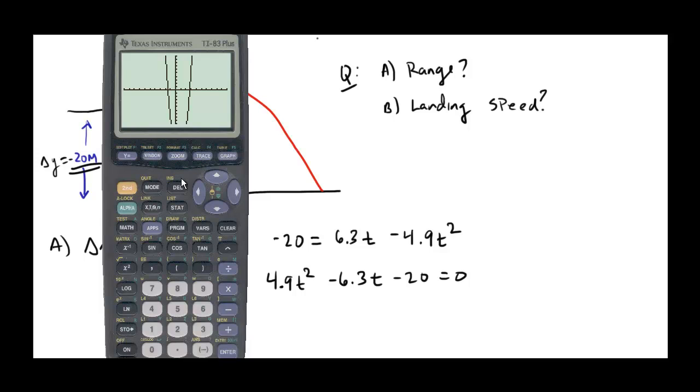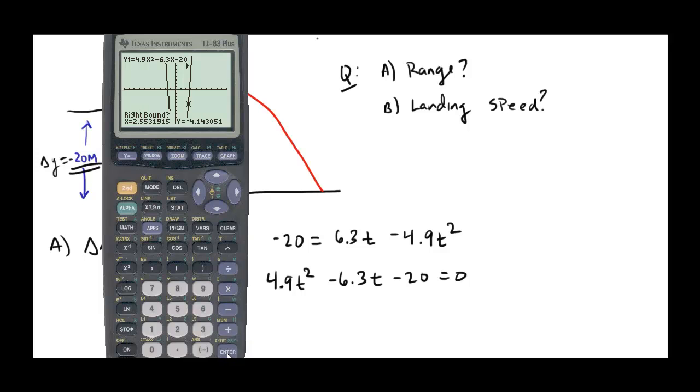So I want the calculate function, so I hit second trace to get the calculate. I want the 0, so I hit 2. It asks me for the left bound. So what I've got to do now is keep moving the cursor over until I'm just left of the 0 point. Keep moving. There it is. So that's just left of the 0 point.